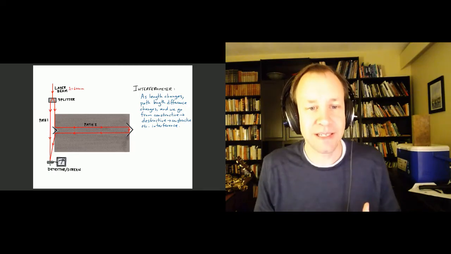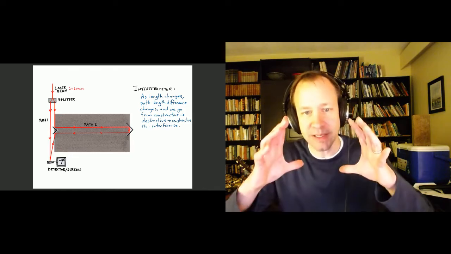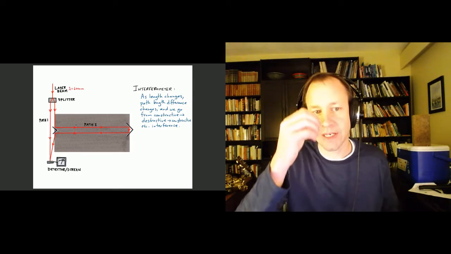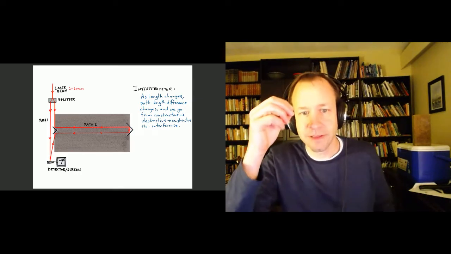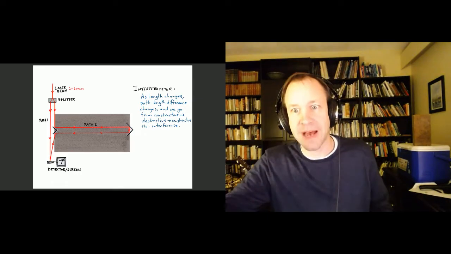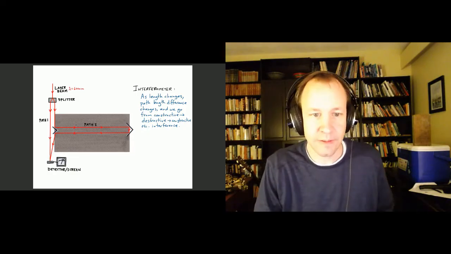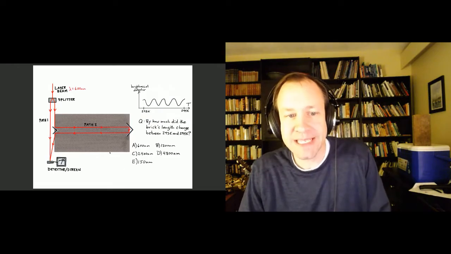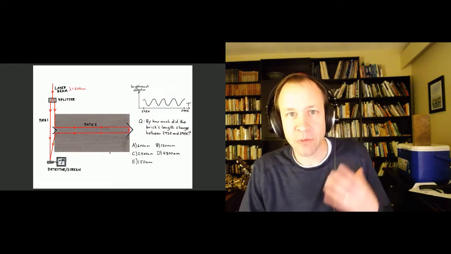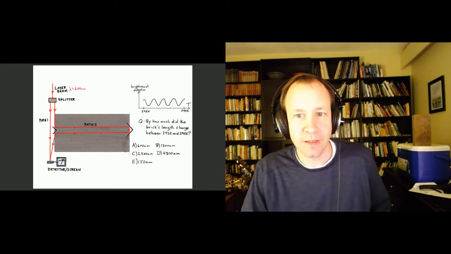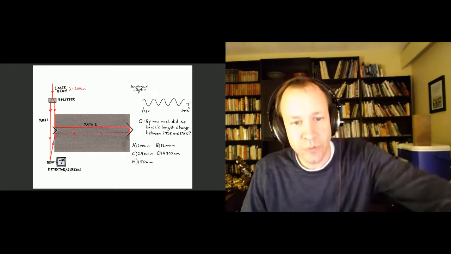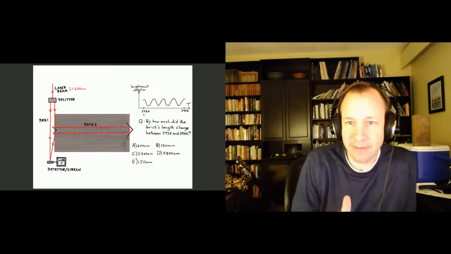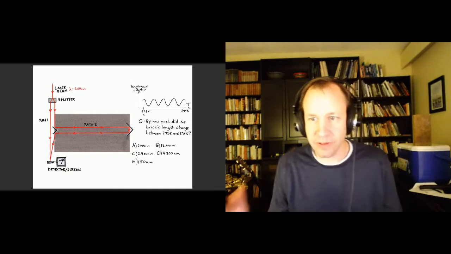The interesting thing is that as the brick changes its length, then we might go from a situation of constructive interference to destructive interference and back to constructive interference and so forth. So let's look at some data that we might get in such an experiment, and we'll try to interpret that. We imagine the brick heats up from 293 Kelvin to 294 Kelvin.